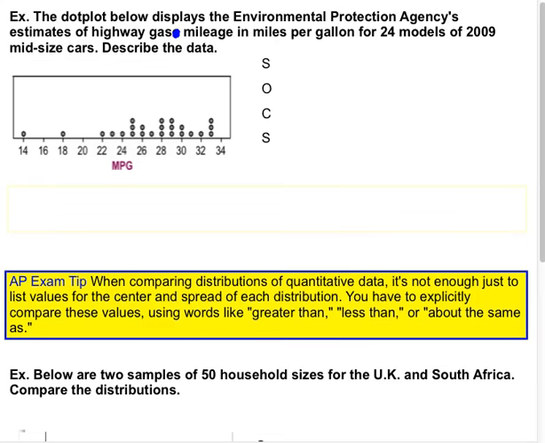Okay, the shape, I'm seeing a lot of data on the right, and then it looks like it's trailing off to the left. So I'm going to say this is skewed left. Outliers. Okay, so it looks like most of the data is between 22 and 33.